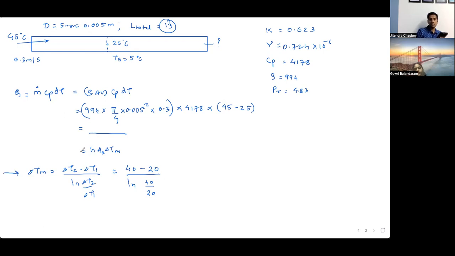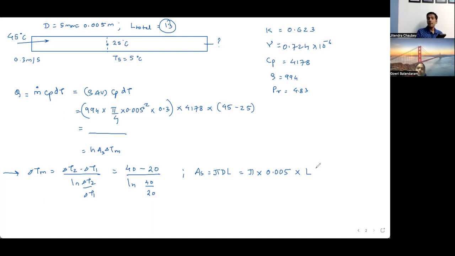If we have h, the surface area formula would be pi d L, and this is something which is required. Pi and diameter is 0.005 into L. So L we do not know.